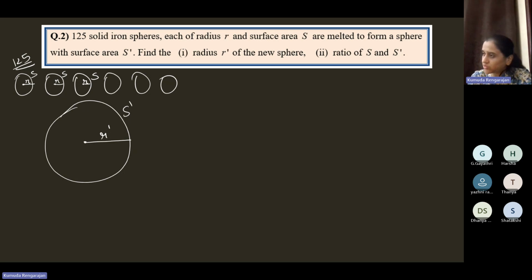The radius of this new big sphere is R dash. And the surface area of this one big sphere is S dash. You need to find the radius R dash of this new big sphere and also find the ratio of the surface areas S to S dash.